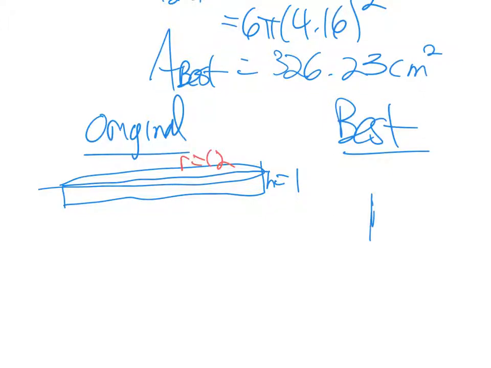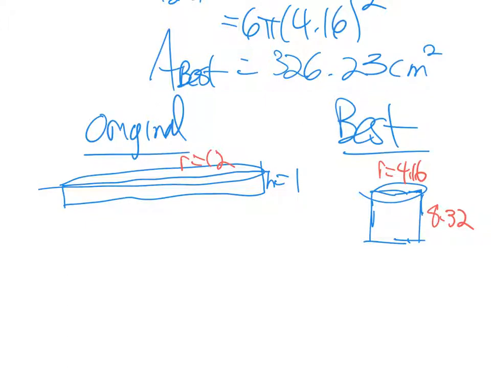On the other hand, the best one had a radius of 4.16 and a height of 8.32. The one on the left is the original, and then we have the best one.